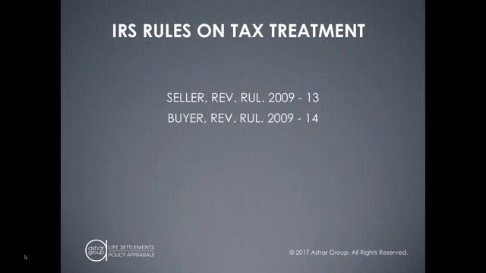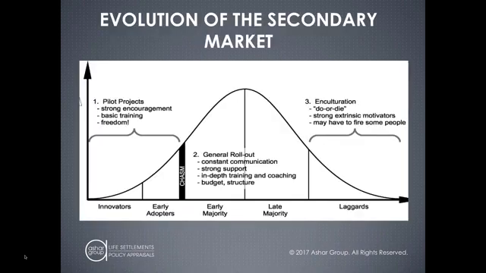We can provide an article on that. That's really a whole separate conversation. But the purpose of my sharing that is that it's now recognized by the IRS, and this is a legitimate type of asset sale for a client to go through, and there are revenue rulings to demonstrate that.